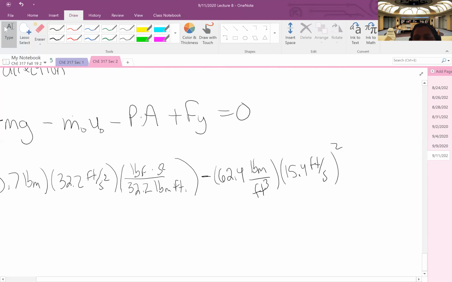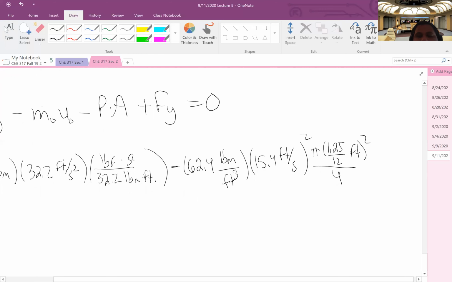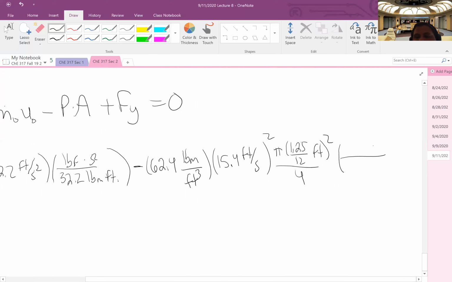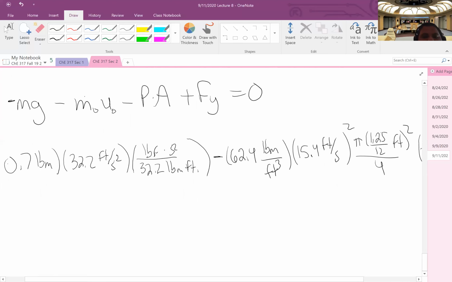Then you get the area, pi times (1.25 over 12) feet squared over 4. And then you have to divide by g sub c, 32.2 pound mass foot per pound force second squared. So this is negative, that's negative.